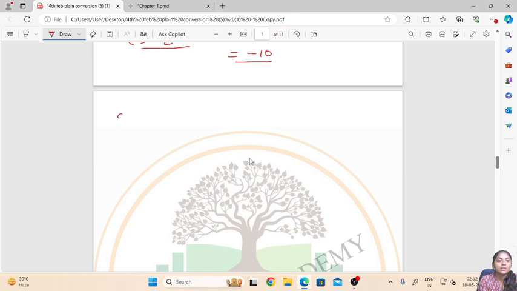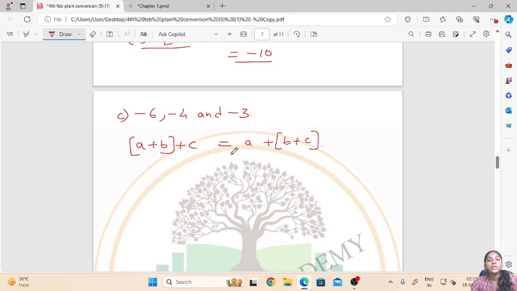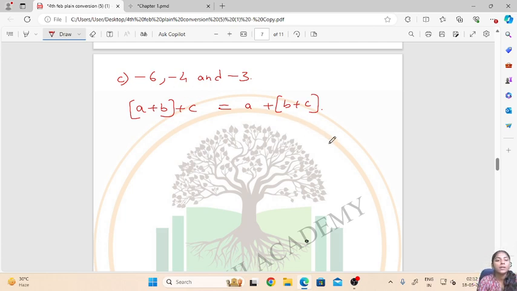Then let us see the third example. We have minus 6, minus 4 and minus 3. So let us see, we have to make it as (a plus b) plus c is equal to a plus (b plus c). So let us first write these numbers in this format.